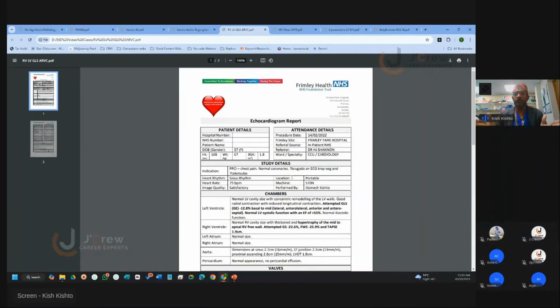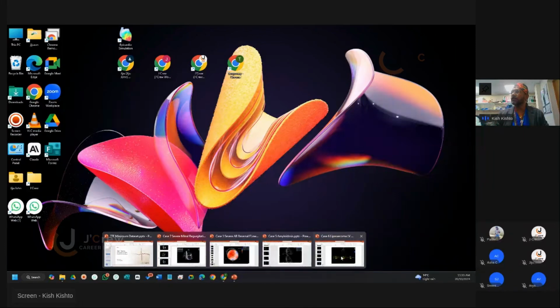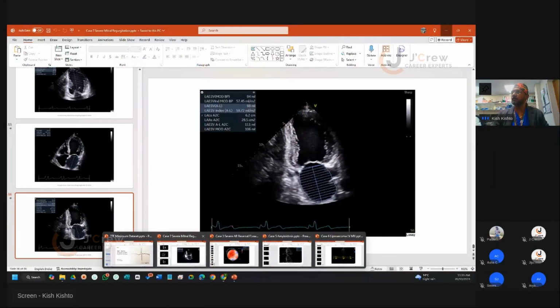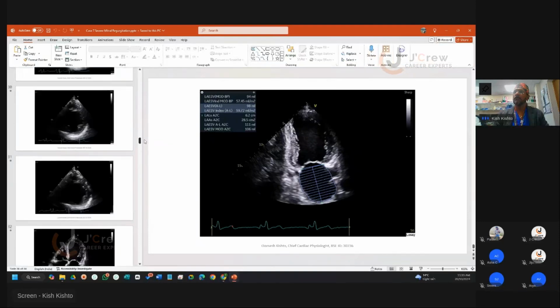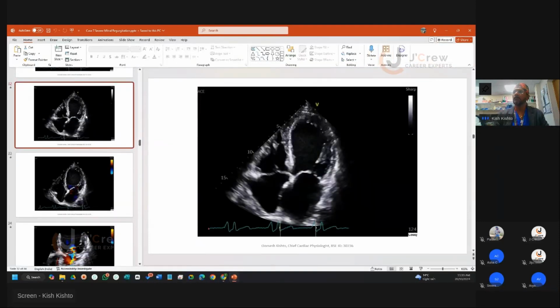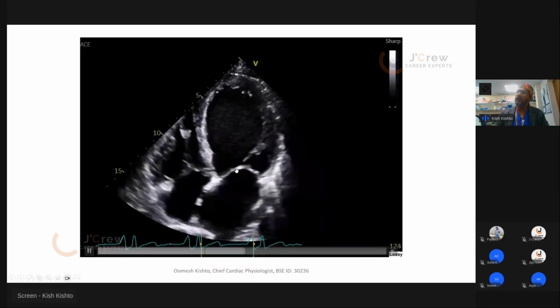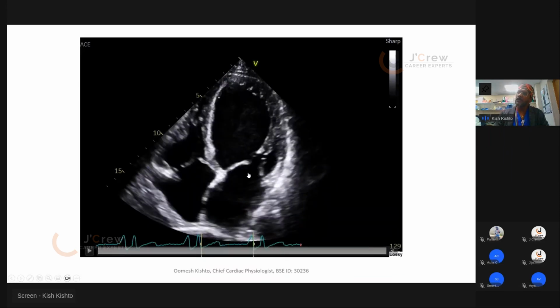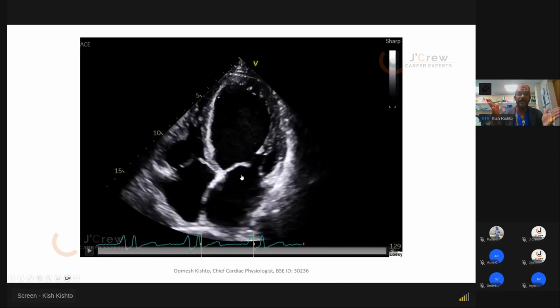And also the reason, if we look at the leaflets here, they're mildly thickened, yes, but it's not heavily calcified.